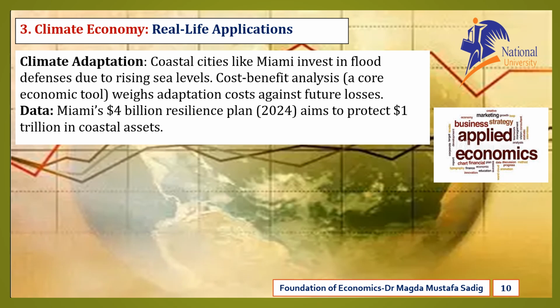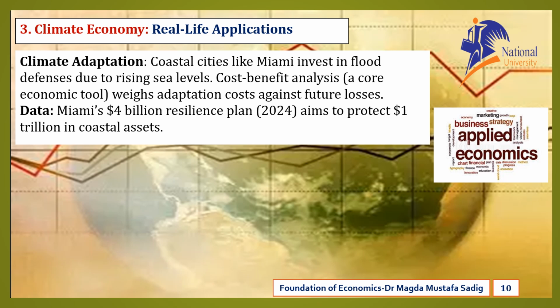Cost-benefit analysis in action. Economic tools like cost-benefit analysis guide these decisions by comparing adaptation costs, for example infrastructure, against projected future losses, for example property damage and displacement. So the goal is to minimize long-term economic damage.